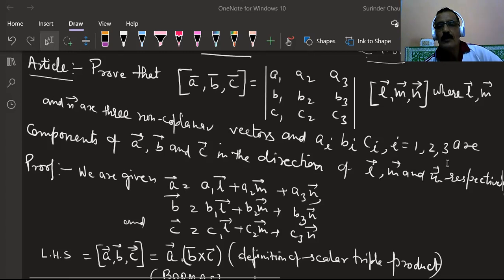Now L, M, N are not unit vectors; they are any three known vectors in three-dimensional space.